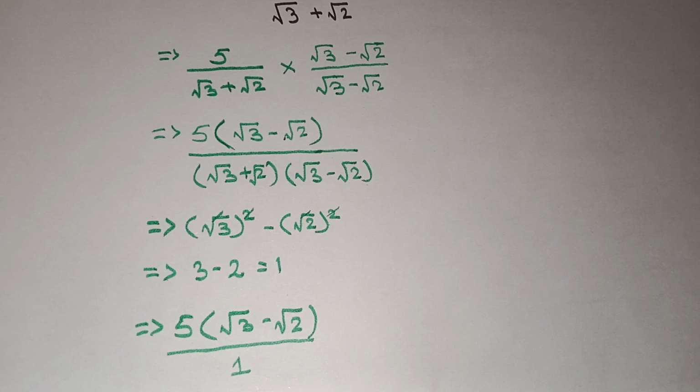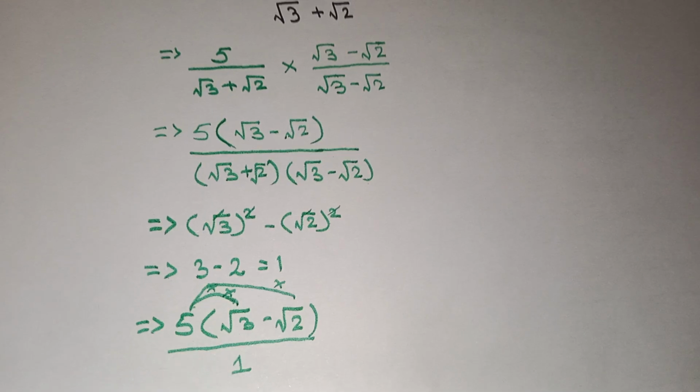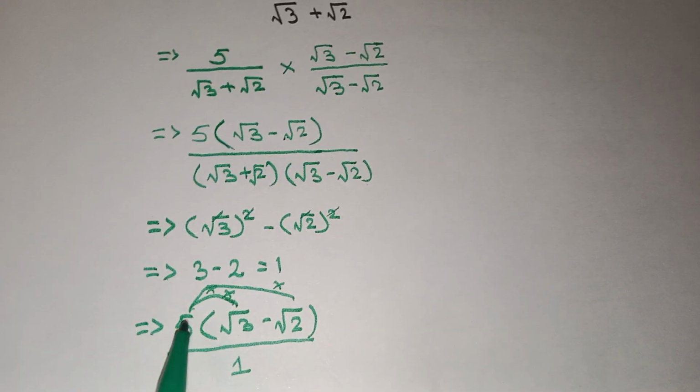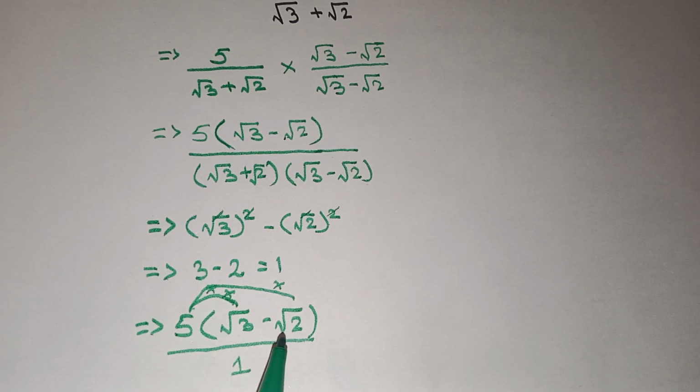Now this 5 will multiply by surd 3, and this 5 also will multiply by surd 2. Don't hurry. Understand the question carefully and analyze it till the end. This 5 will multiply by surd 3 and also by surd 2.